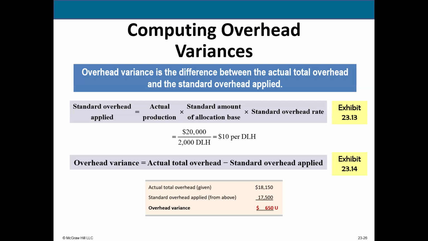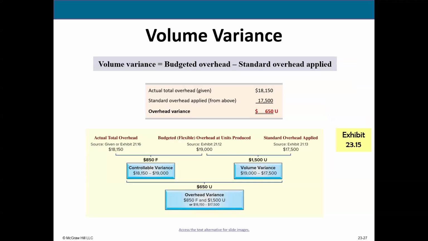Let's take a closer look at that variance here through the volume variance. A volume variance is the difference in the level of production, so number of units that have been produced in comparison to the budgeted amount. This leads us to what we call a volume variance.